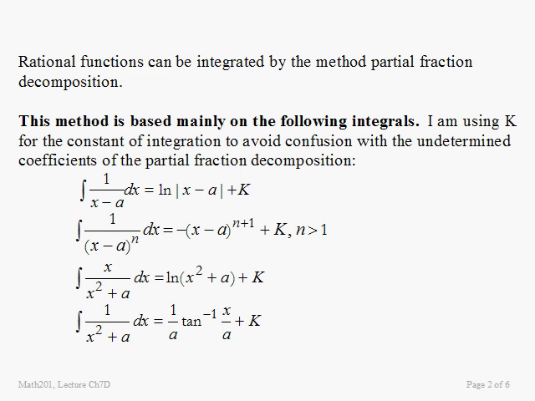All of these terms are easy to evaluate. 1 over x minus a is a natural log. 1 over x minus a raised to the nth power, where n is not equal to 1, you can use the power rule to evaluate. x over x squared plus 2, if you have an irreducible form, again another natural log. And 1 over x squared plus a is 1 over root a times the arctangent. And that's basically all there is to it.